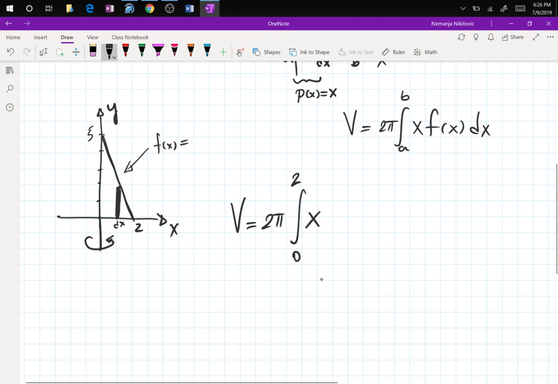Now f of x is equal to, your slope is negative 5 over 2 because it's 5 units up, 2 units over. 5 units up, 2 units, so negative 5 over 2, and then plus 5 because that is your y-intercept, right? You have to have plus 5. So now that is going to be multiplied by negative 5 over 2x plus 5 dx.